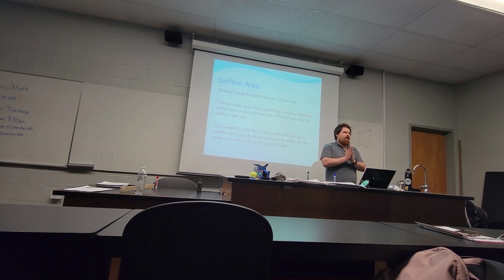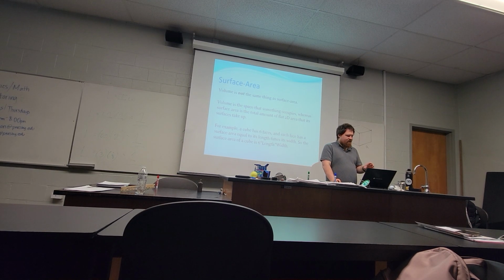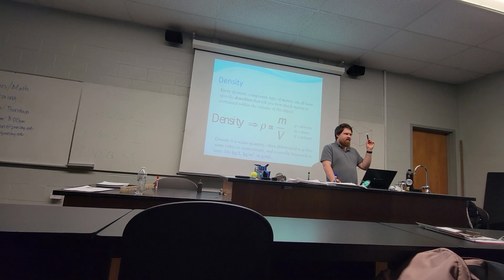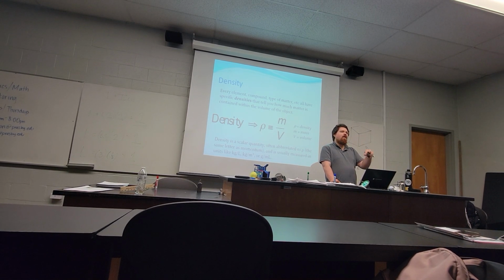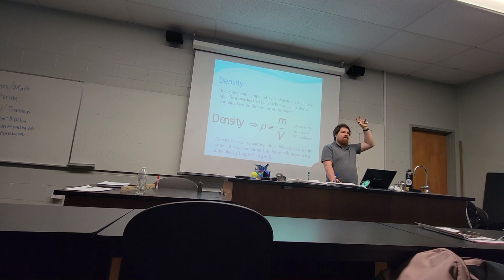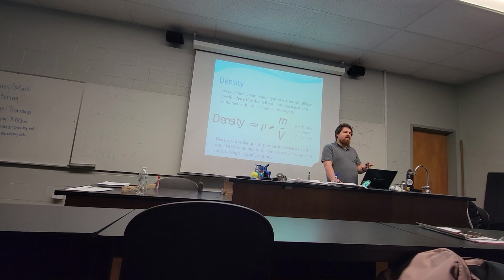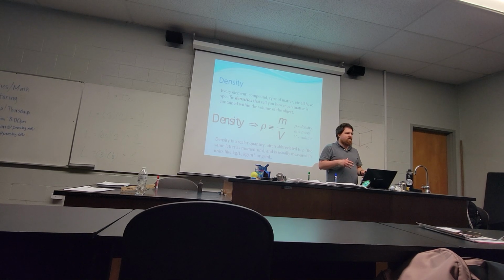Now, why do we care about volume versus surface area? We care about volume because volume is a part of something called density. And we were talking about elements and compounds earlier, so going back to that, the density of any substance is how much mass is jammed into the volume of that substance.